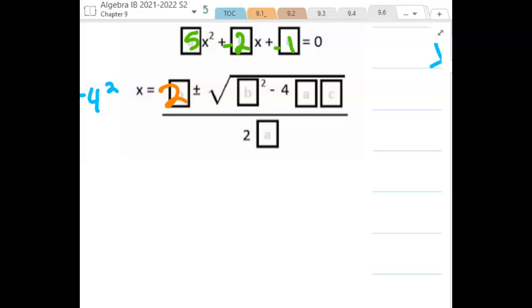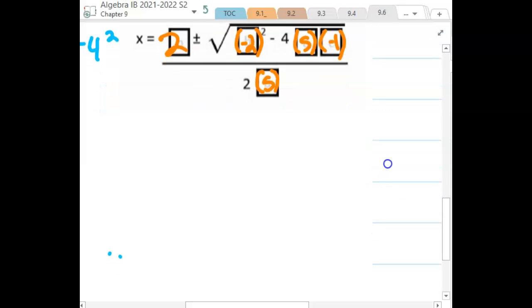Use parentheses when you're plugging in your numbers. We are going to take b squared, so negative 2 squared, minus 4 times a, using parentheses, times c, once again using parentheses, all over 2 times a, which is 5, using parentheses every step of the way.